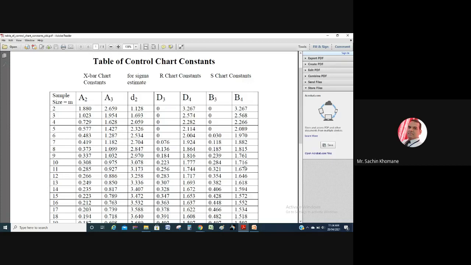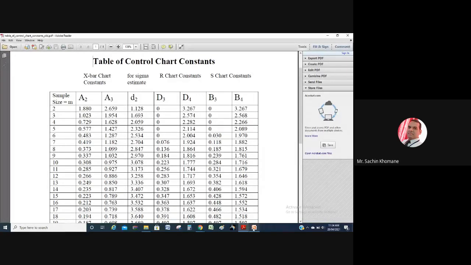Okay. So now for fifth number, how many columns were there? Samples were there? 5 samples you have taken, right? So A2 value is here 0.577. Right, 5 columns were there. So what is the value for A2 here for 5 samples? 0.577.